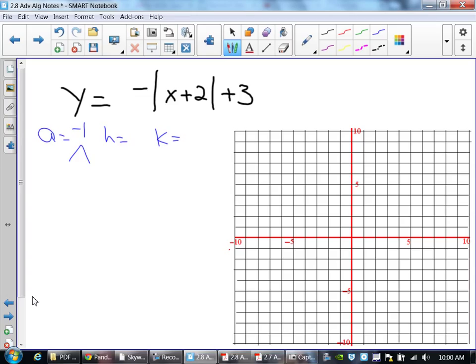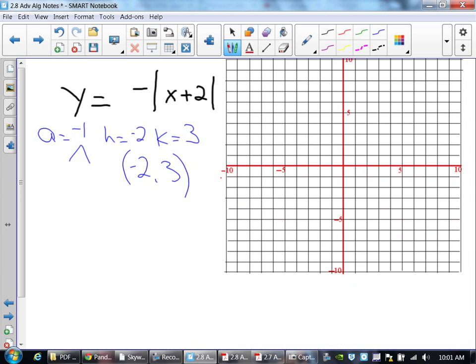What's H? And K? So where's your center? Good. So you start at -2 and 3. And I walk my slope. When I walk my slope, I'm always going to walk it like I would, down and right or up and right first, and then I mirror it on the other side, because they're symmetrical to one another.